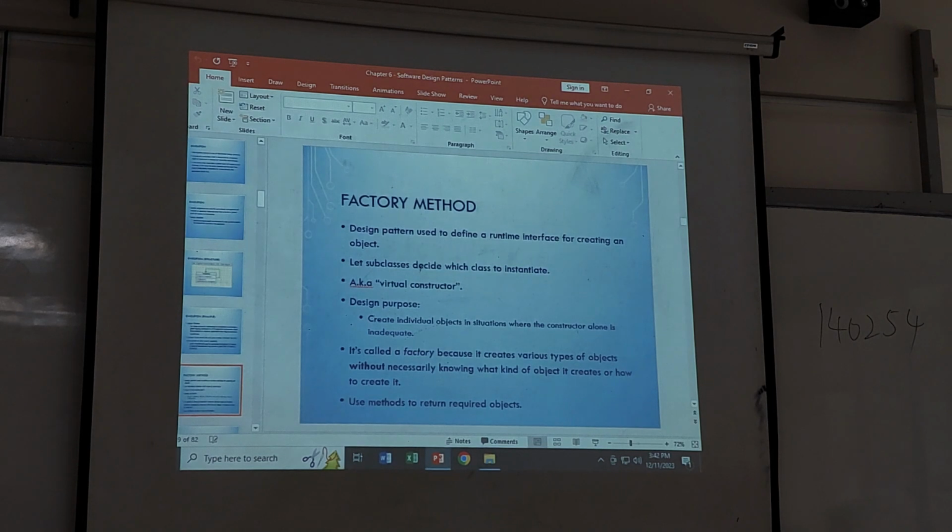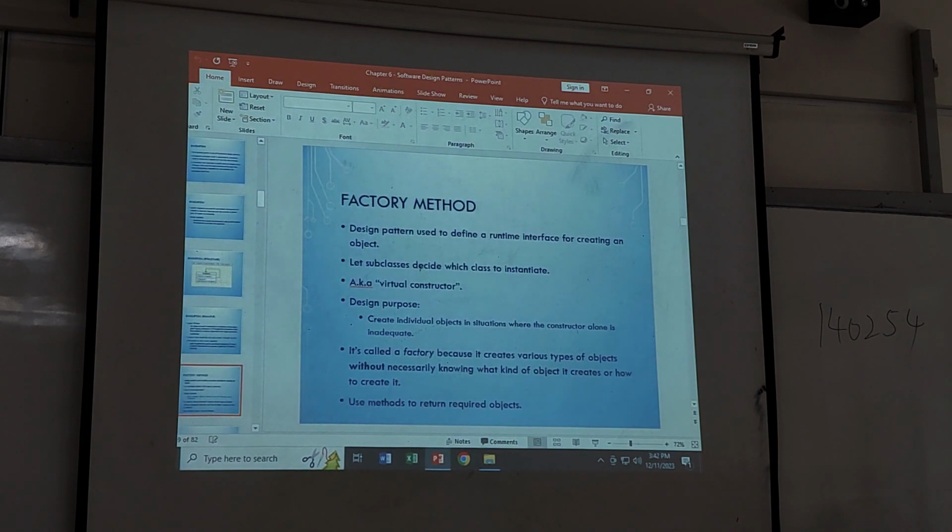Come to this one, the factory method. I guess all of you, when you studied OOP and practiced creating class instances, have already practiced the factory method.